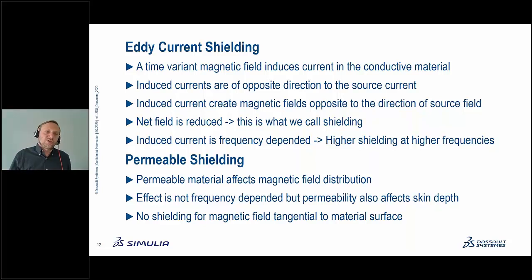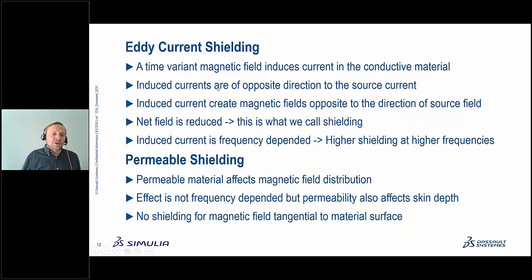We have the induction of currents inside the conductive material because we have a time-varying field. This induced current inside the material has a direction opposite to the source current, which creates also a magnetic field which is opposite to the source current, and then we have an overall reduction of the net field.